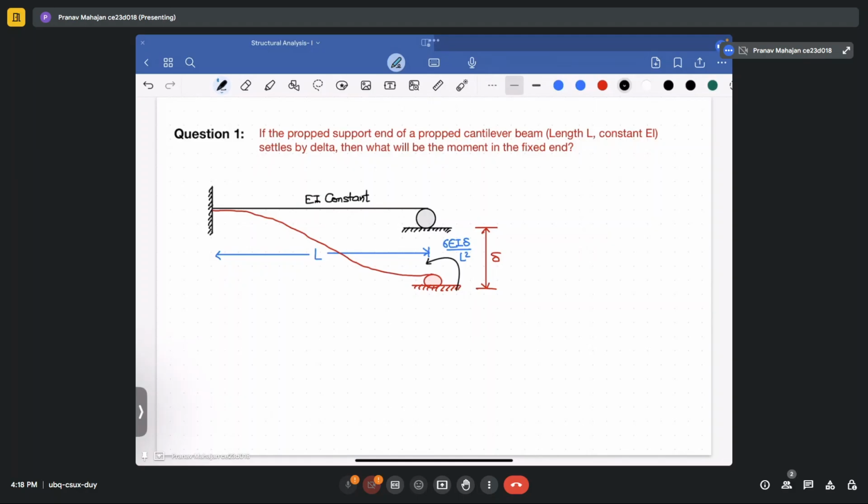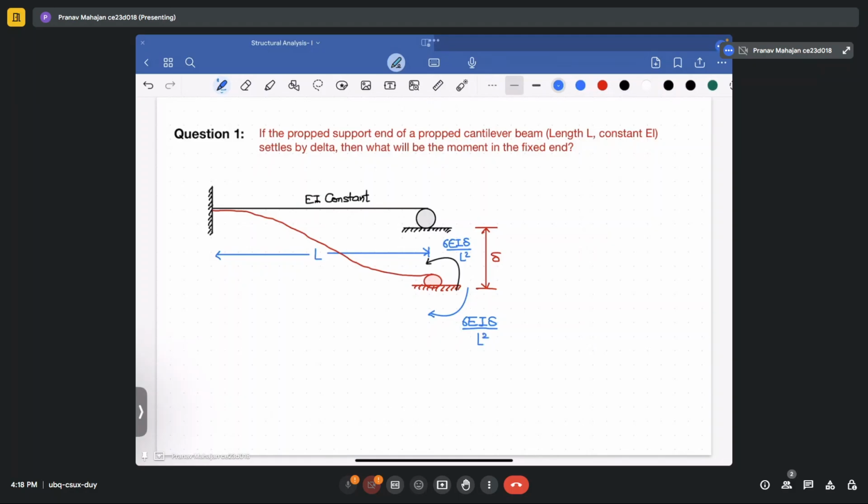So to counteract that, a clockwise moment is required to be applied. If we apply clockwise moment, let me make it with a different color, to make it in such a way that the moment at the propped end should be equal to zero. So here this will be 6 EI delta upon L square, and it is in clockwise direction.